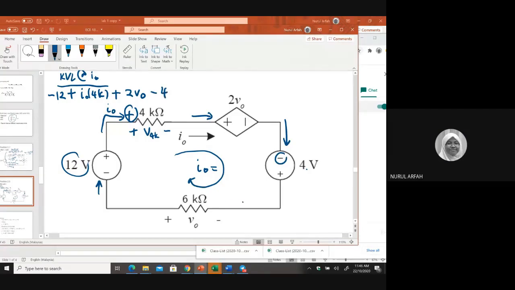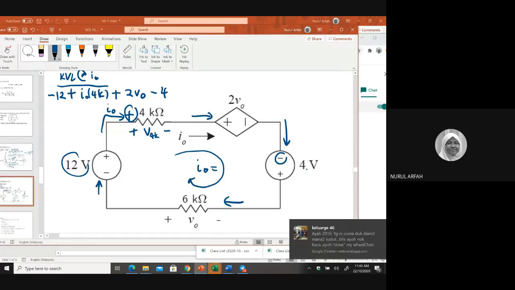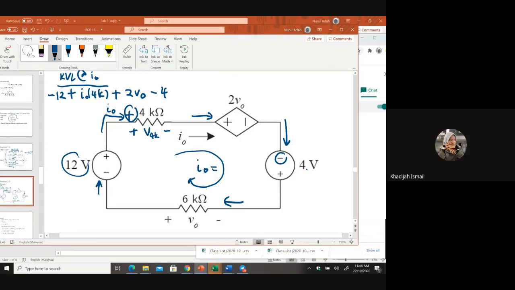Yes, good. And then here, positive or negative? Negative. Even though this is I naught, I naught 6 is a passive element here, and you know that entering a passive element should have a positive. But if you want to follow this, then you just write down the sign, negative V naught equal to 0.